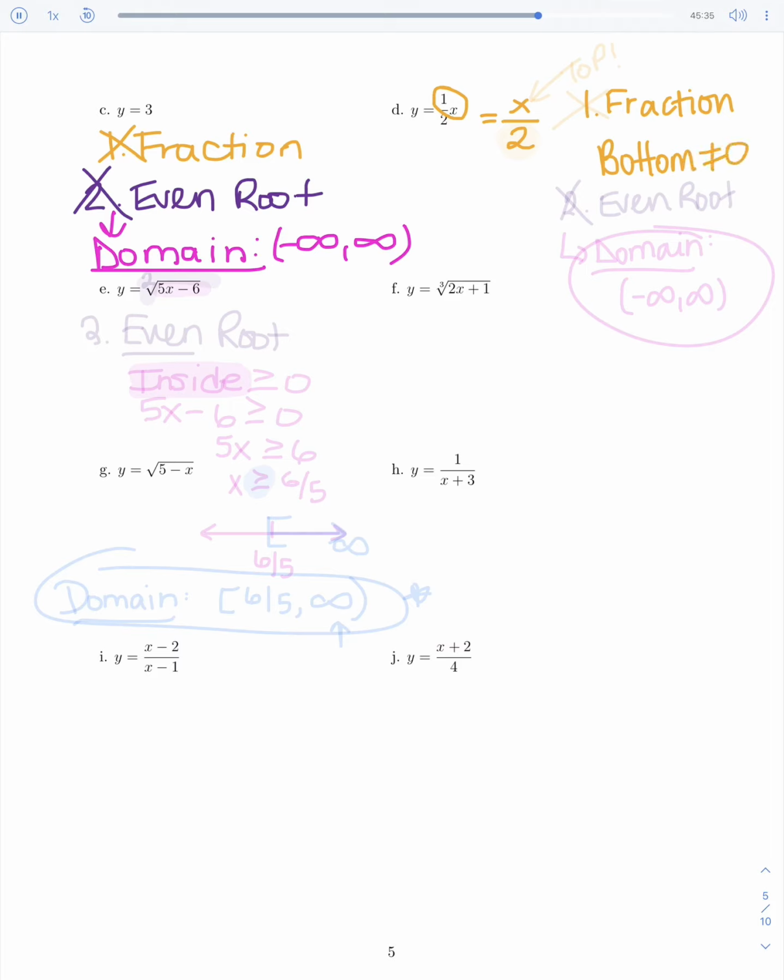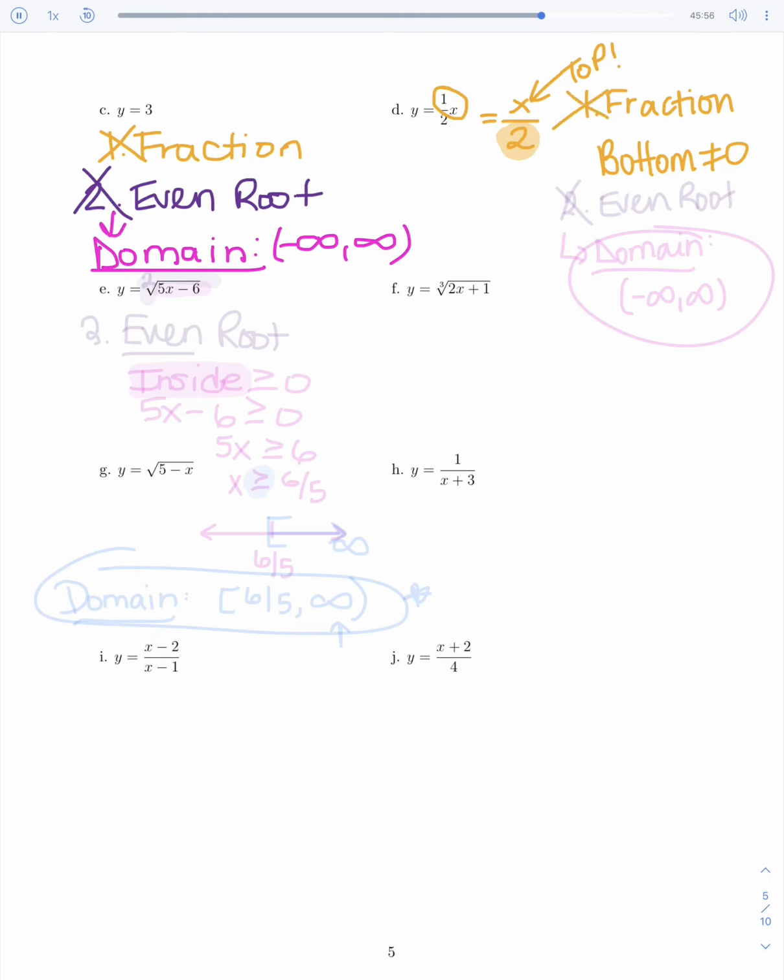Well, notice that our denominator then is the number 2.